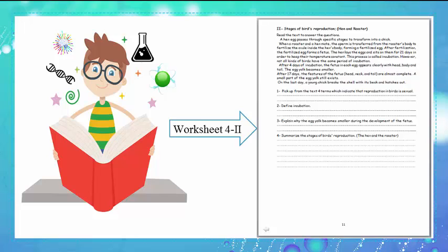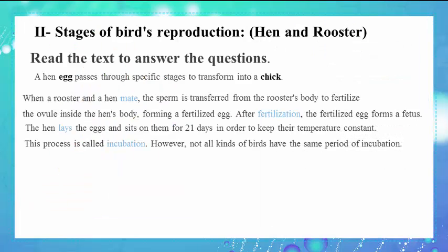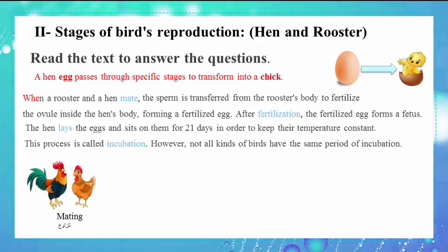Please open your booklet on worksheet 4 part 2 and start reading the text. A hen egg passes through specific stages to transform into a chick. When a rooster and a hen mate, the sperm is transferred from the rooster's body to fertilize the ovule inside the hen's body, forming a fertilized egg.